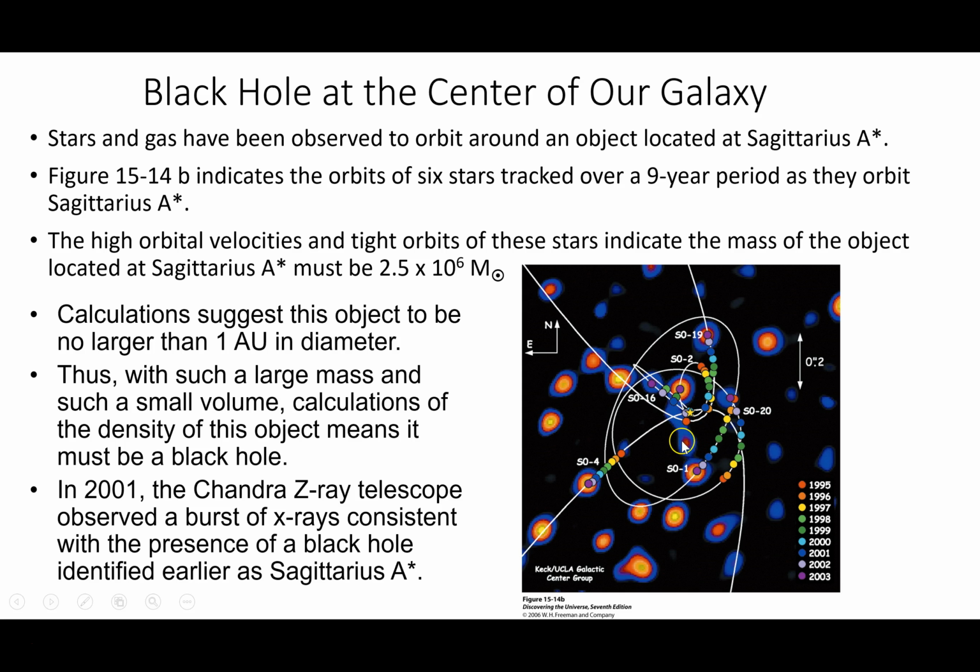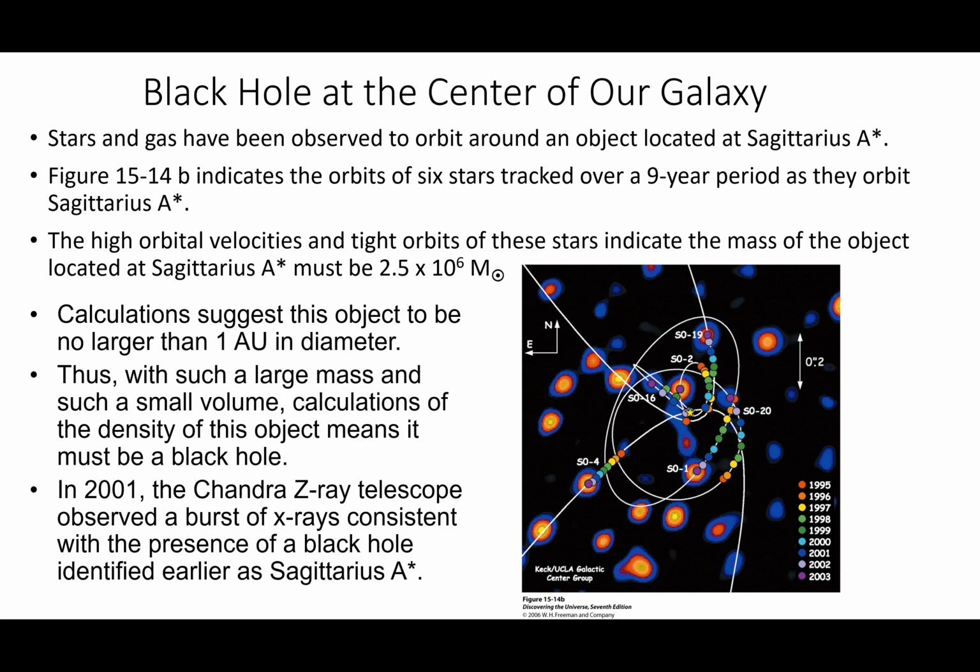There's also a question about how we know that Sagittarius A star is a supermassive black hole. I think this is pretty cool: these are actually stars that have been tracked over a 9-year period orbiting Sagittarius A star.